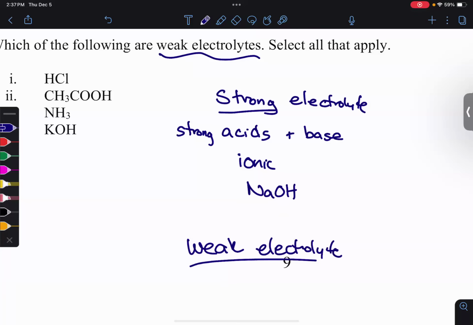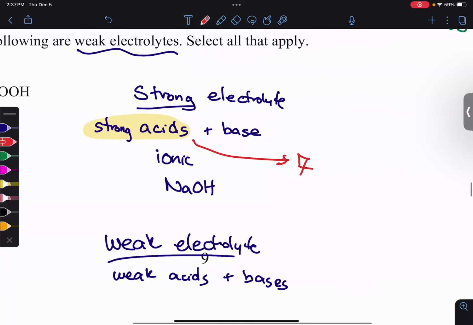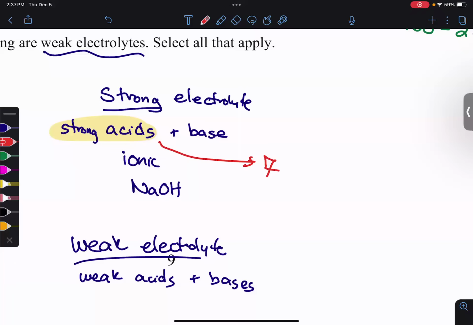are all of our weak acids and bases. All right, so off of this strong acids list, there are 7 you need to know. So let's just go through those. Use the periodic table to help you.